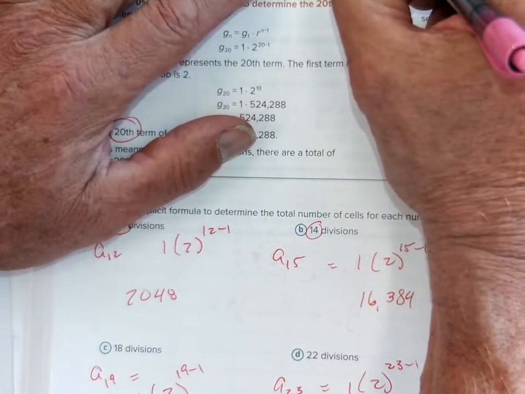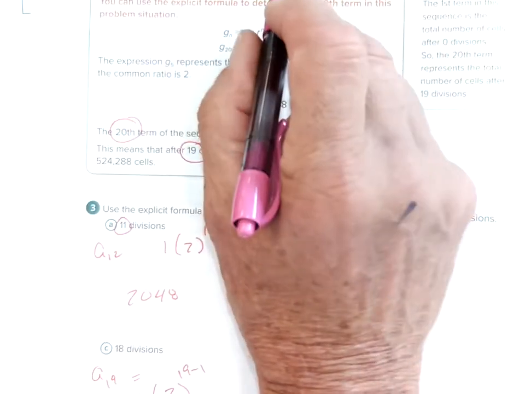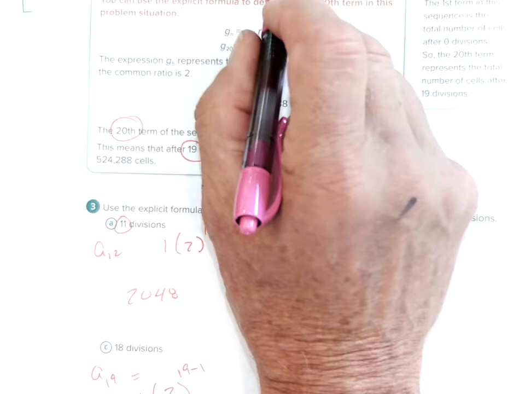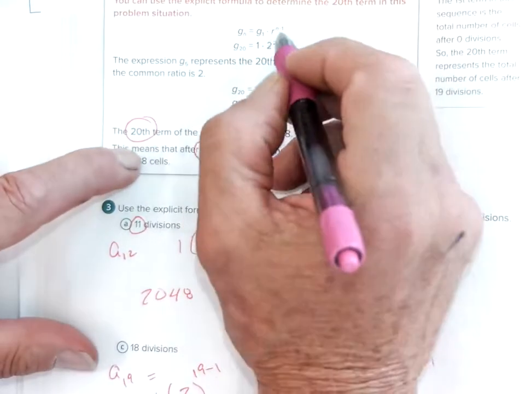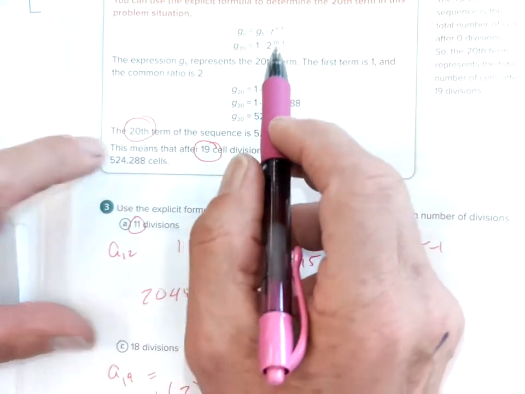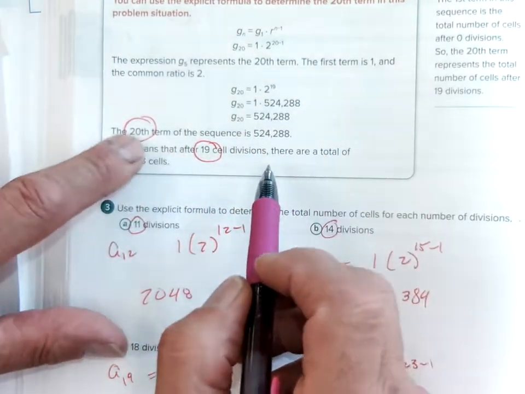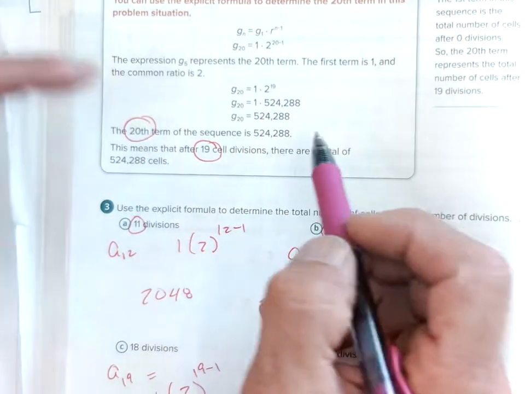Okay, I can go g of n, and the explicit formula is handy because it allows you to go straight to your term. So, for example, here's my formula. They say G1, I like A1. First term is 1. We are doubling. We want the 20th term. It's 20 minus 1, which is 19, and there's the answer.